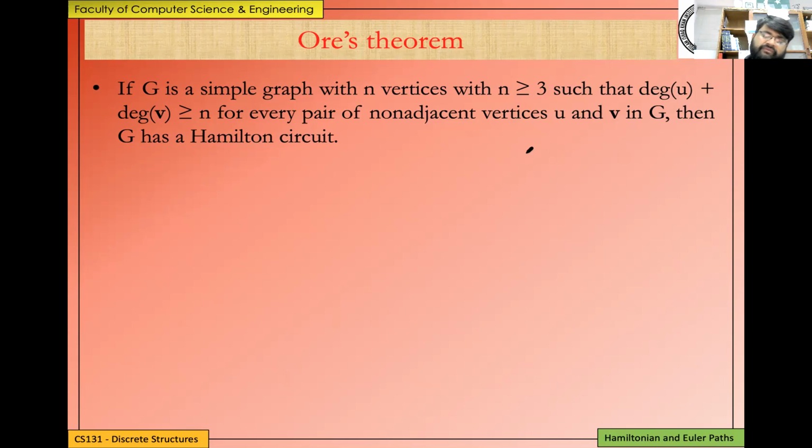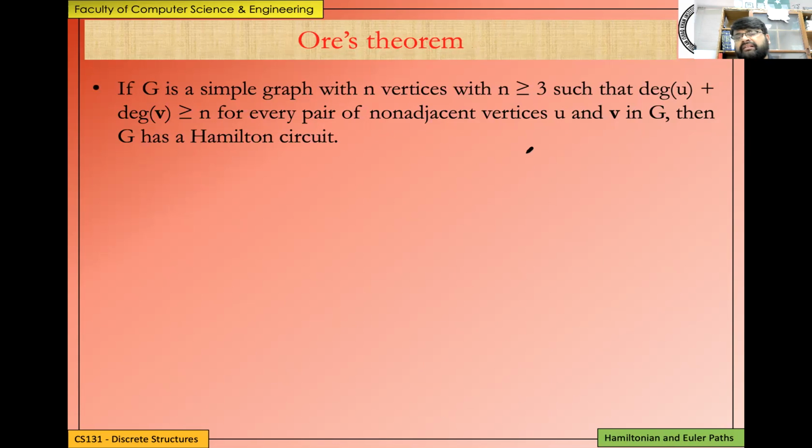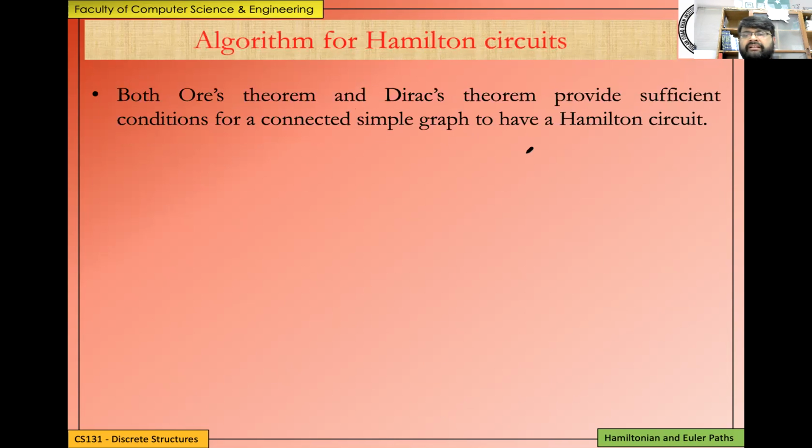So even if some nodes have degree less than n/2, but for any non-adjacent pair of vertices u and v the degree sum is at least n, then the graph will contain a Hamilton circuit. These are just theorems that you need to know and know how to apply.